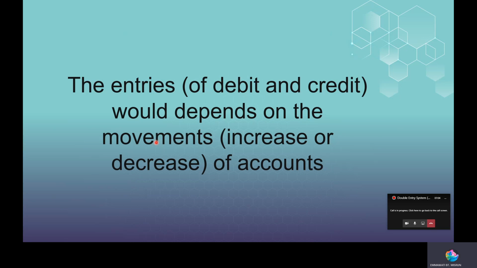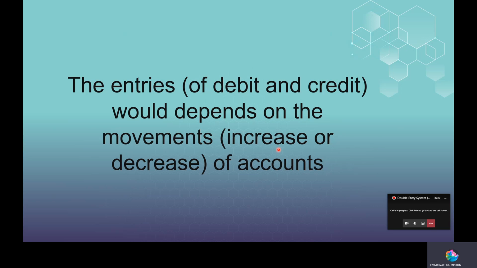That is the meaning of movement, increase or decrease. We have already covered these areas. For example, if you have an asset, say a machine, your asset will increase if there is a purchase of a new machine into your business.